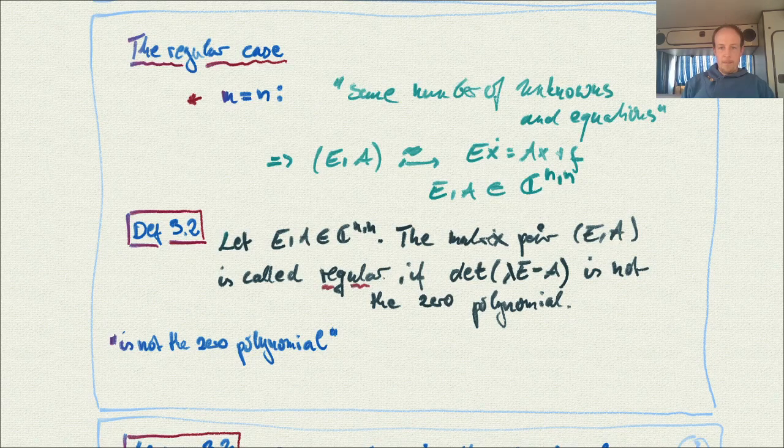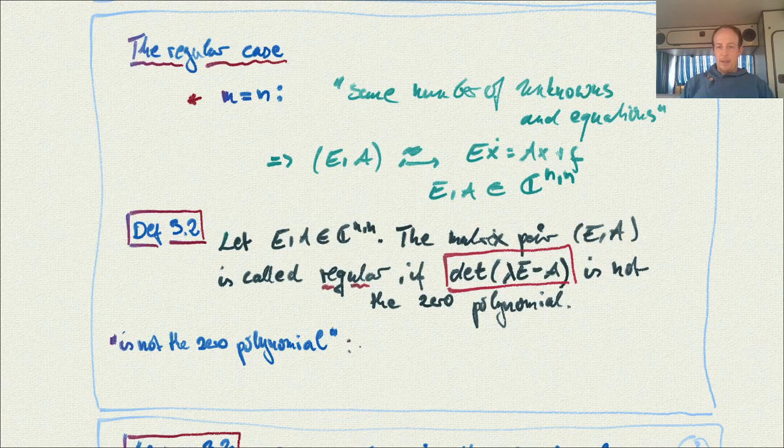Here we go. What we will need is this determinant of lambda E minus A. Well, that's one plausibility check whether you can talk of regularity if you don't have a square matrix: you cannot define the determinant. And then you want that this is not the zero polynomial.